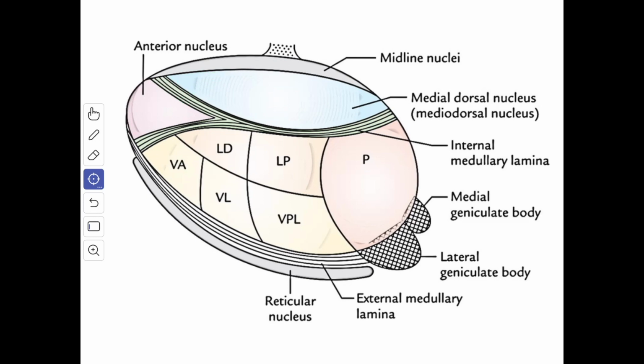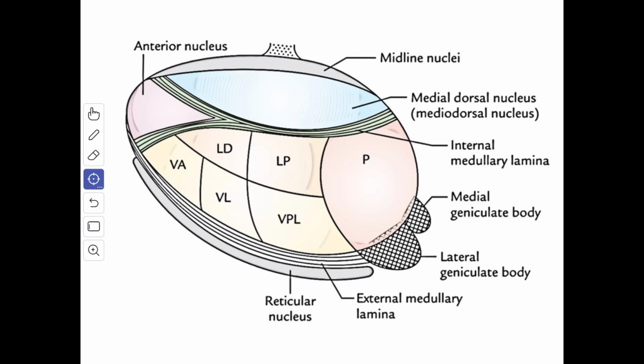Then the nuclei of the lateral part are divided into dorsal and ventral. The dorsal part is subdivided craniocaudally into three nuclei: the lateral dorsal, the lateral posterior and a large caudal nuclear mass, the pulvinar.